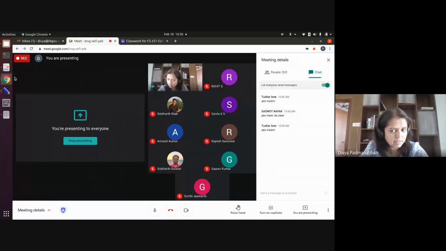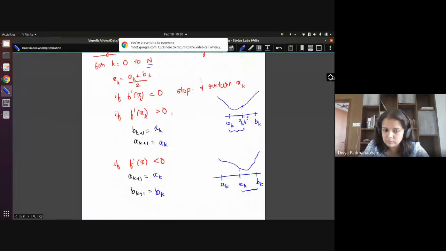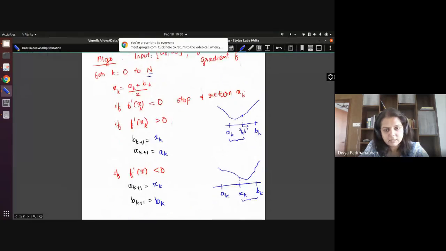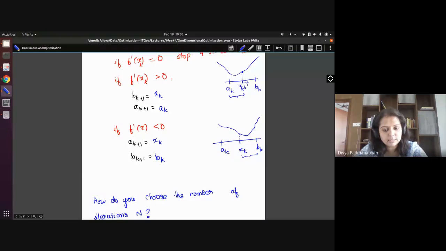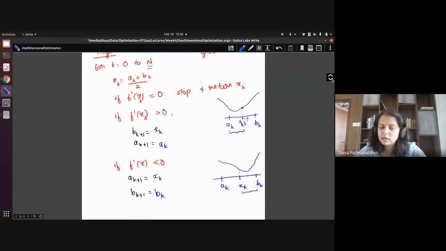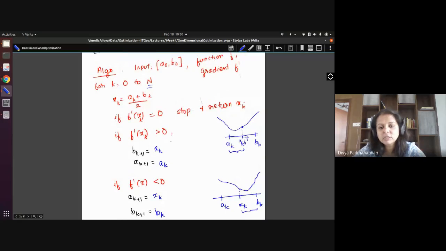Now we need to decide where to stop, how many iterations you should choose. Usually, this is a very specific condition, f dash xk equal to 0.